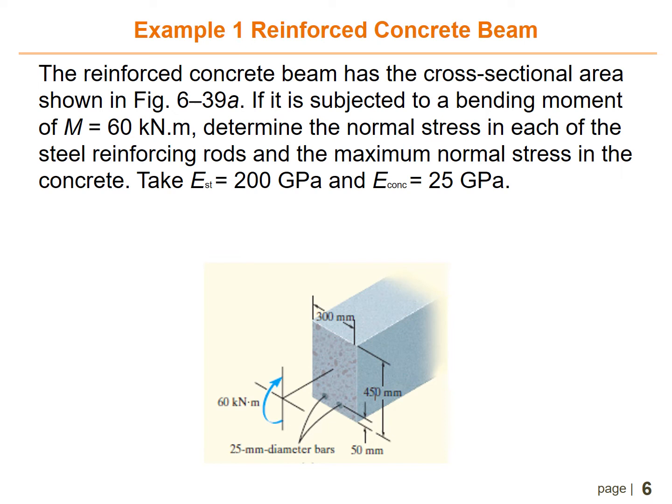If it is subjected to a bending moment of M equals 60 kilonewton meter, determine the normal stress in each of the steel reinforcing rods and the maximum normal stress in the concrete. Take modulus of elasticity of steel as 200 gigapascal and modulus of elasticity of concrete as 25 gigapascal.